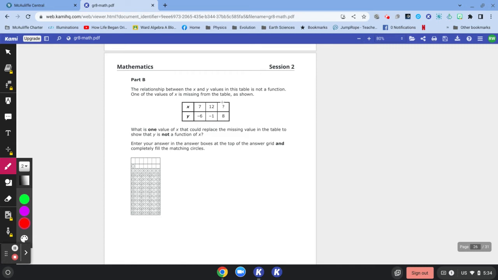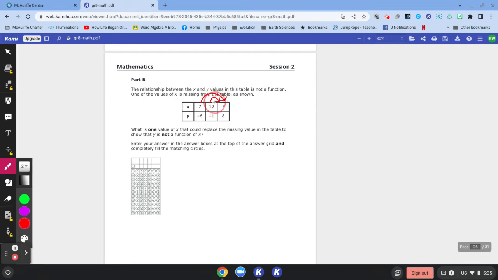But if we reuse one of those x values, it stops being a function, and that's what our goal is. So we want one value of x that we could replace the missing value with so that y is not a function of x. So we can take the 7 and put it there, or we could put the 12.